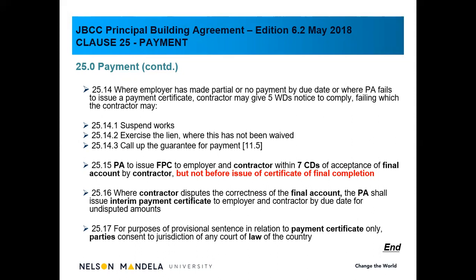25.17 talks about if there's any disputes, and let's hope there will not be, we will then follow the normal route of going to jurisdiction, following an arbitration, or even go to court if the contractor is not happy with the final account. We will talk about the final account.